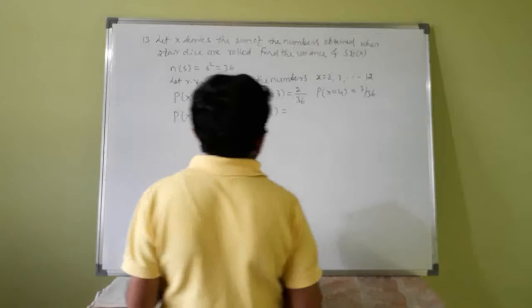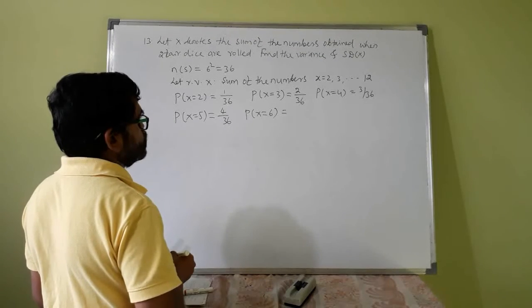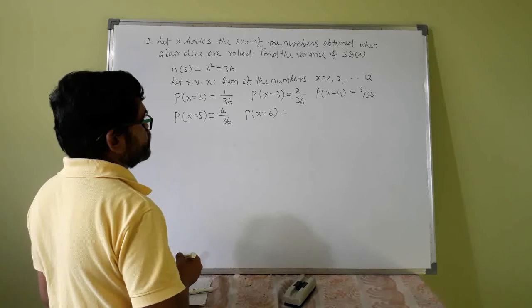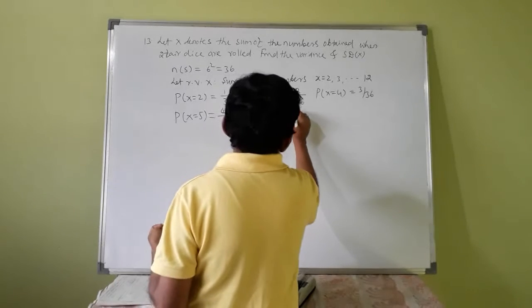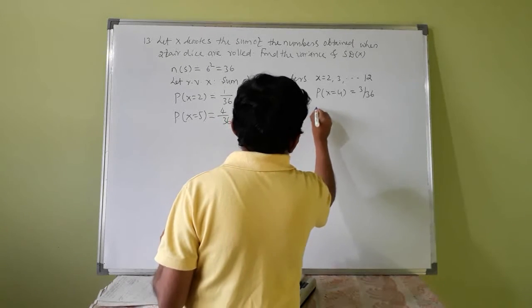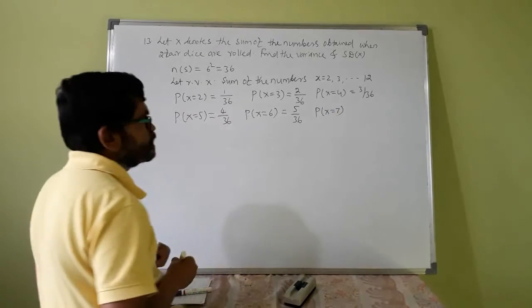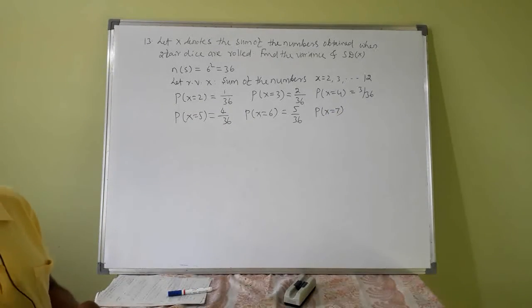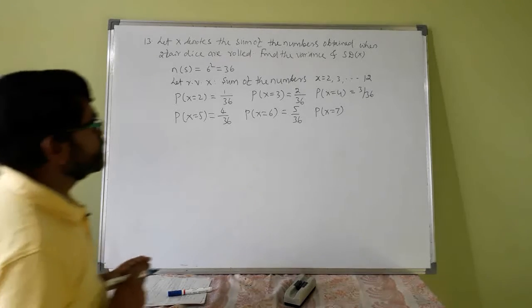That is 1 5, 2 4, 3 3, 4 2, 5 1. 5 by 36. Probability of X equal to 7. 7 means 1 6, 2 5, 3 4, 4 3, 5 2, 6 1. 6 by 36.